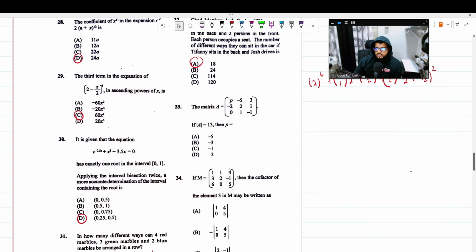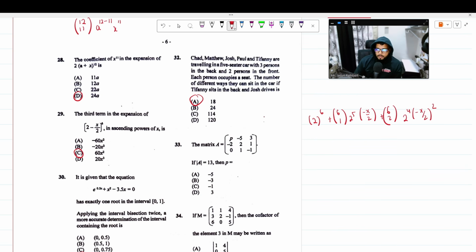Oh god, our next determinant question. So the determinant of A is 15. So we're going to get p multiplied by minus 2 minus 1. Minus 2 minus 1 is minus 3.